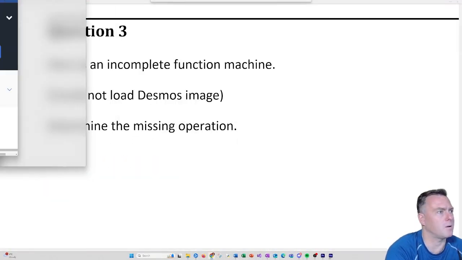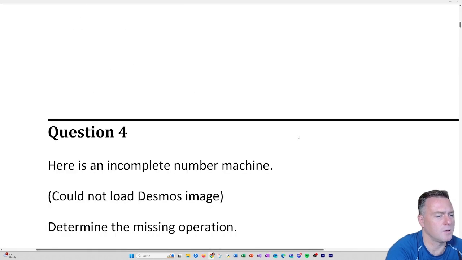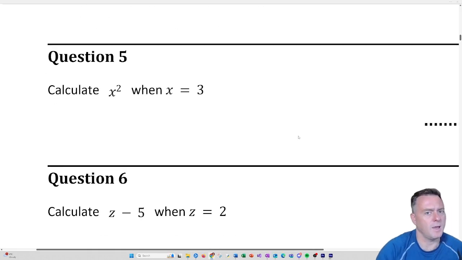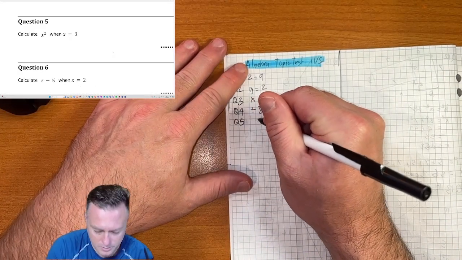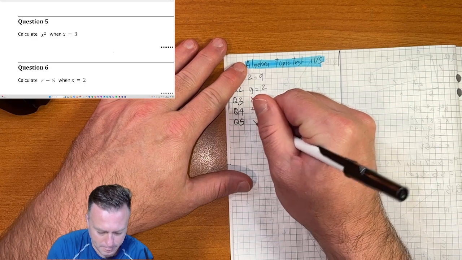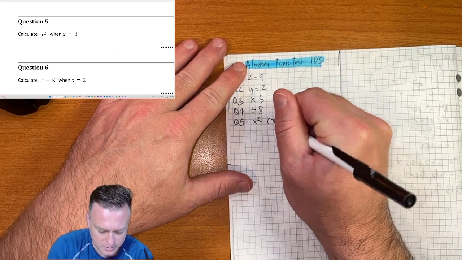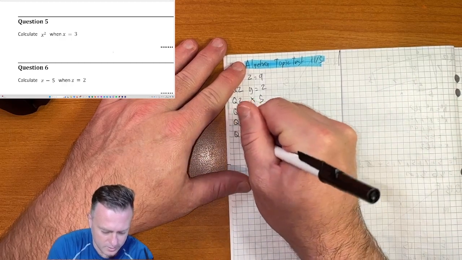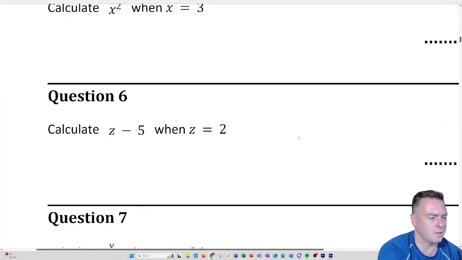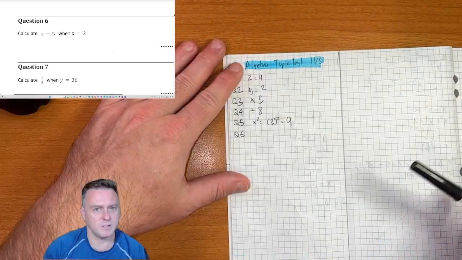Question 5. We can get back off that. X squared when x equals 3. Pretty easy one. So x squared is equal to 3 squared, which equals 9. Question 6. Z take away 5 when z equals 2.